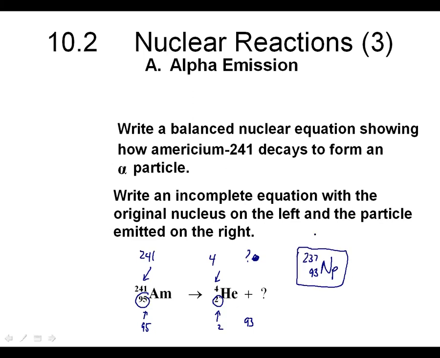And that would be our missing one. So if we write a complete balanced equation, it would look something like this. And this also would be an alpha emission, as that particle is on the product side.